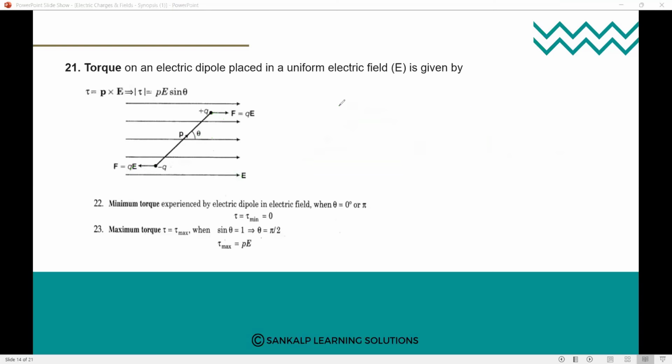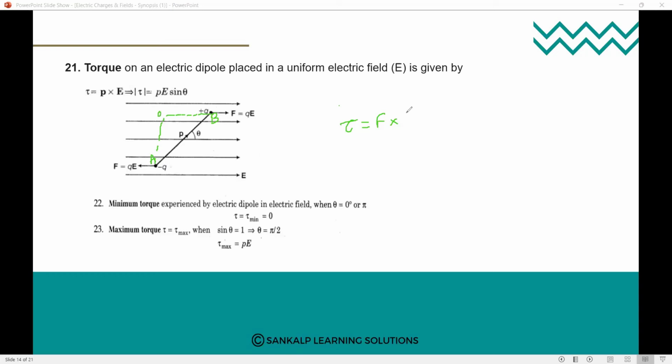So now the derivation part. The torque is given by what? Force into the perpendicular distance. Here the perpendicular distance we need to draw externally. So this is A and this is B. Here I'll take a perpendicular distance, O point.